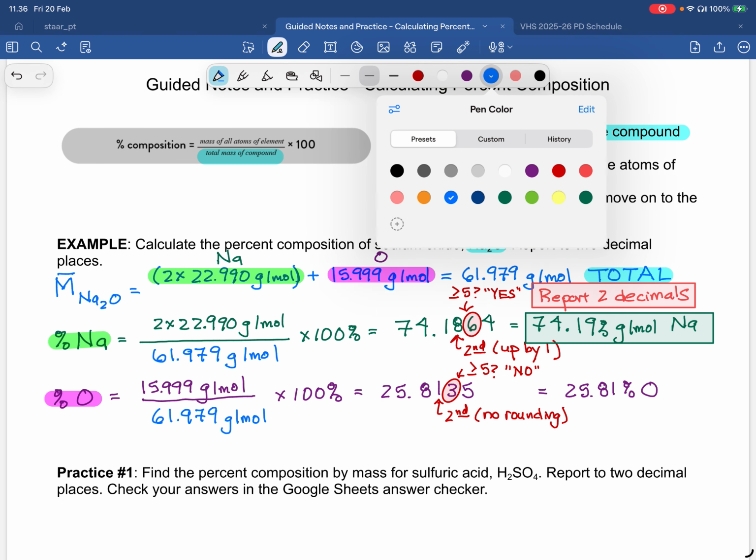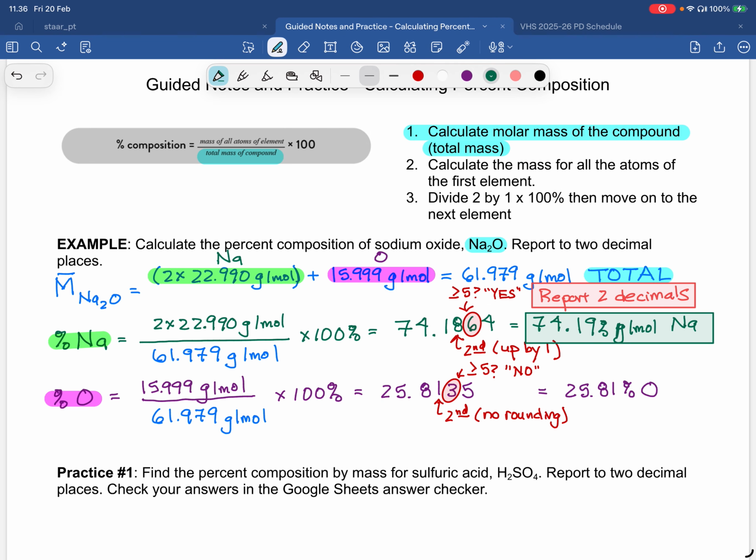I will try to correct it. It was just percent. It wasn't grams per mole. I apologize if you're doing these notes on video, but I'm not going to reshoot the entire video just because of that. All right, so that is how you do percent composition, folks. I wish you luck as you try the practice ones below, and check them yourself.